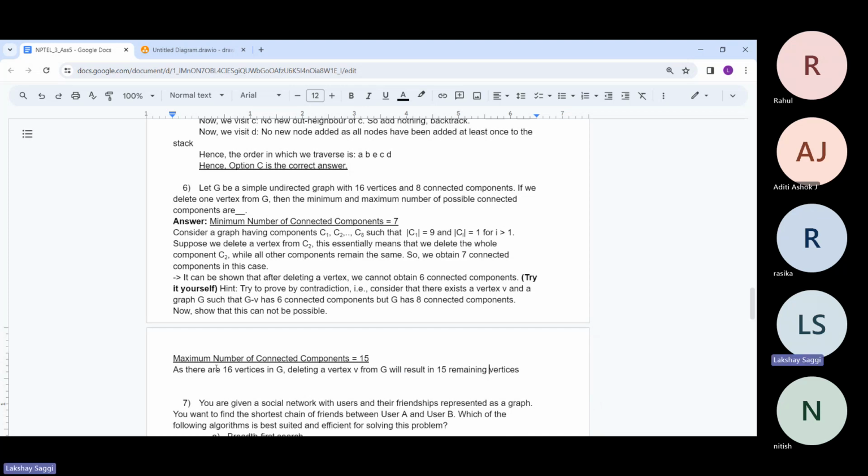And what does this mean if there are only 15 remaining vertices? We know that the number of connected components cannot be more than the number of vertices, right? That's a straightforward thing to see.